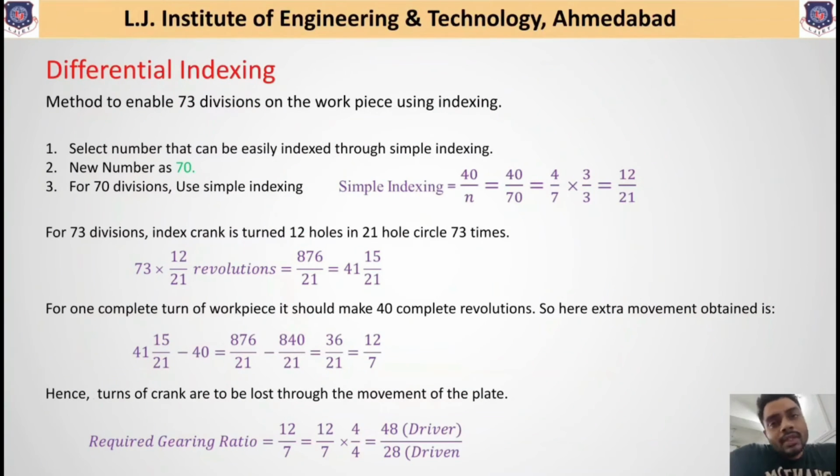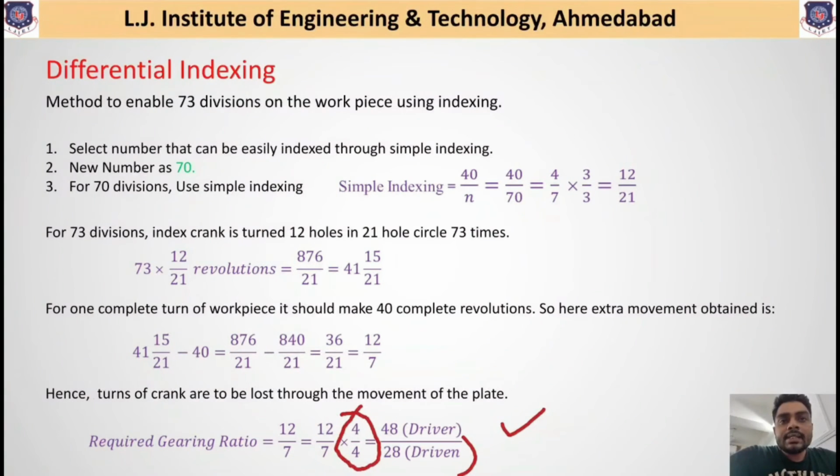For that we multiply this fraction by 4, and multiplication by 4 gives the final answer as 48 divided by 28. That means the driver gear has 48 teeth, whereas the driven gear has 28 teeth, and this driver and driven gear assembly will compensate for this extra movement.